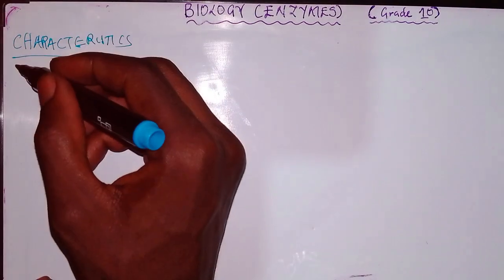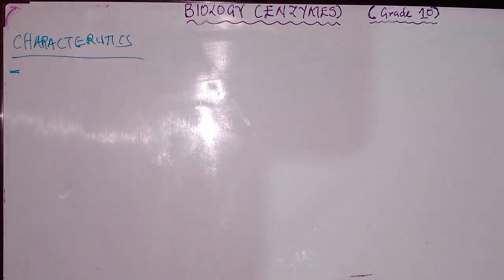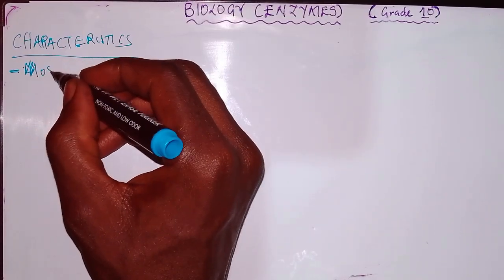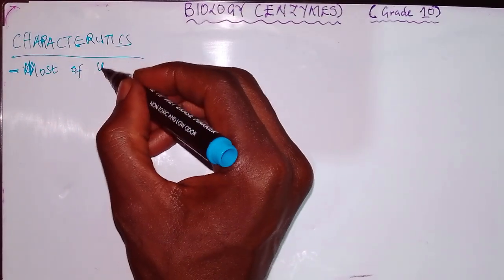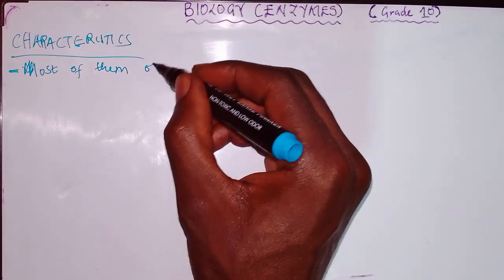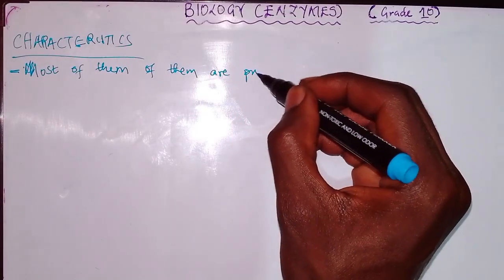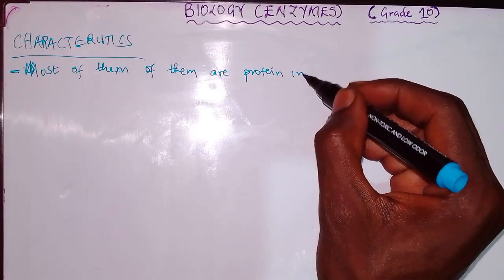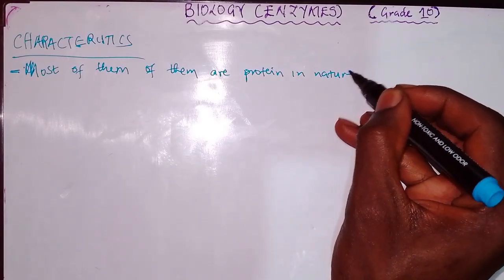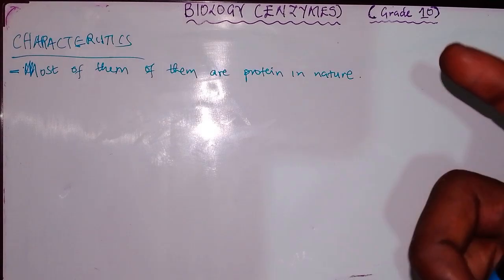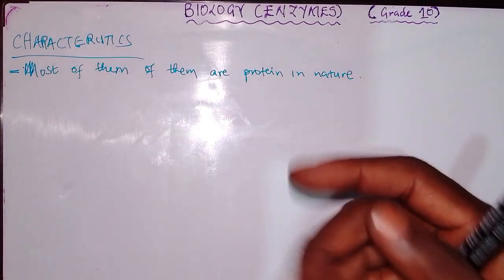So that's the first characteristic which enzymes have, that most of them are protein in nature. That is the first characteristic which you need to understand when you are looking at enzymes.